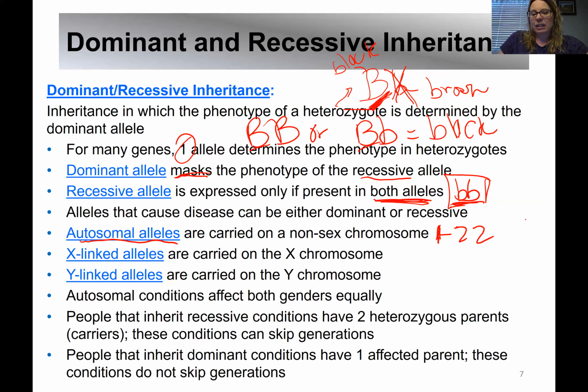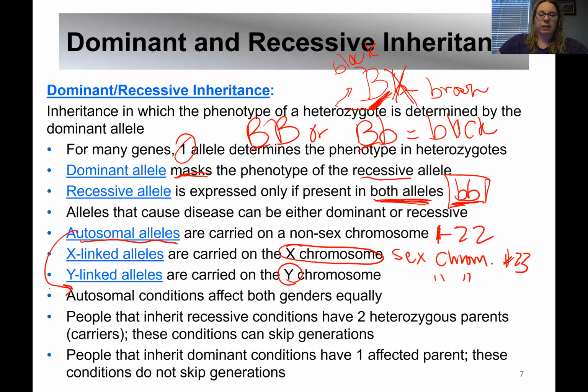If we have an X-linked allele, that's going to be carried on the sex chromosome, on the X chromosome, and a Y-linked allele will be on that 23rd chromosome, the Y, if it is a male. Okay, now autosomal conditions affect both genders equally. But if you have an X-linked or a Y-linked disorder, that's when males or females, depending on the disorder, may have a higher risk than the other.